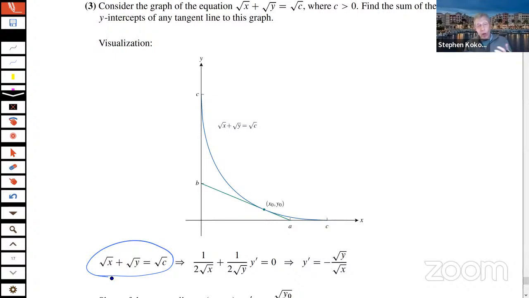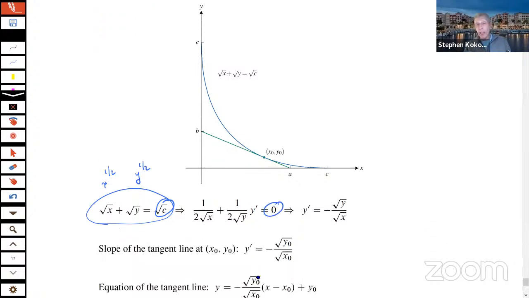Little tricky here, 1 divided by 2 square roots of x, because remember, I have to think of this as x to the 1/2 and y to the 1/2. So 1/2 y to the minus 1/2 times the derivative of the inner function. It looks kind of funny, but that's just a constant, so the derivative over there is 0. I did a little simplification. There's the slope of the tangent line for any x and y on that curve.